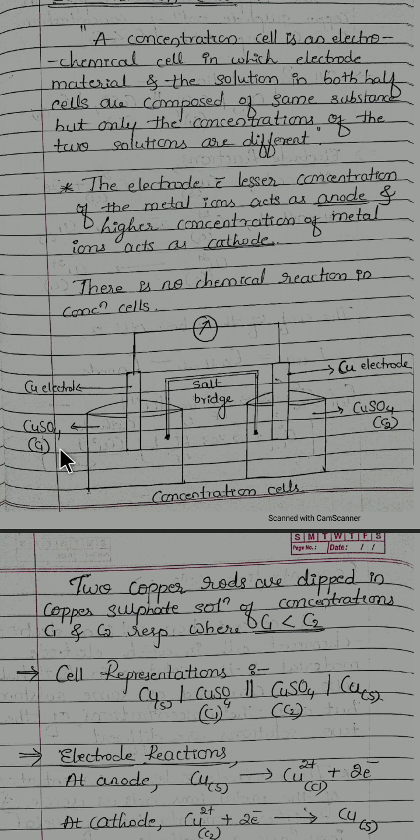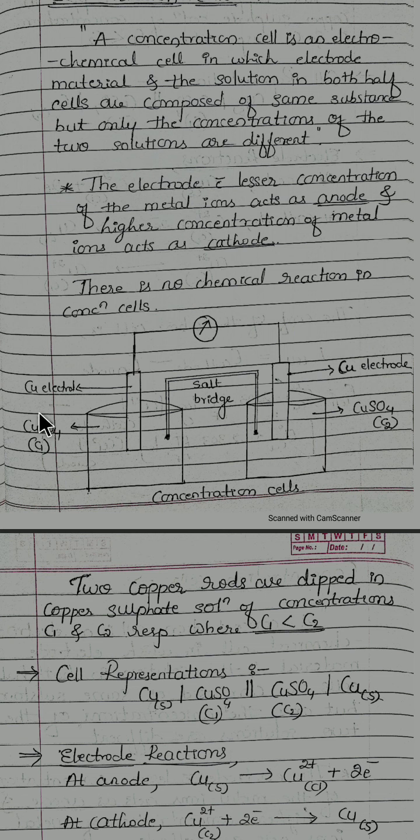Here only the concentration is going to matter. One more thing: the anode electrode has the lesser concentration, which is C1, and the cathode has the higher concentration, C2. That's why you can categorize that the electrode with a lesser concentration of the metal ion acts as the anode, and the electrode with a higher concentration of the metal ion acts as the cathode.